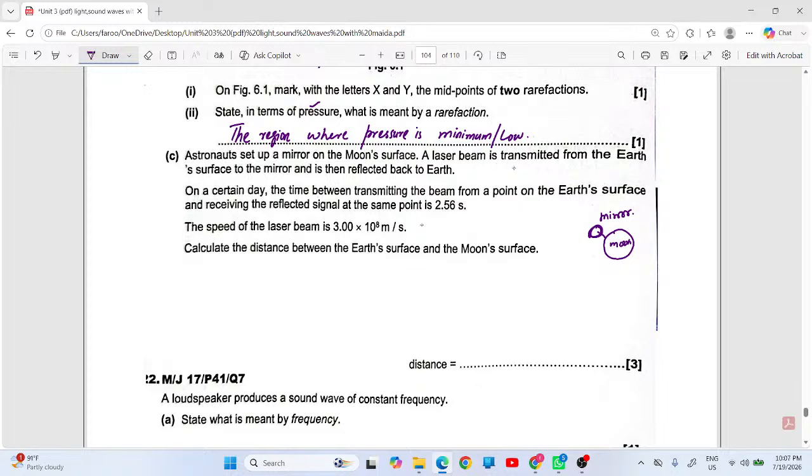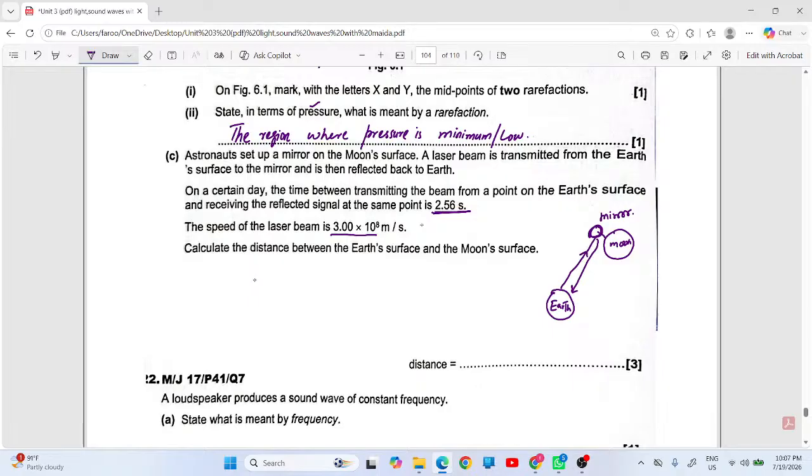A laser beam is transmitted from the Earth's surface to the mirror. अब यहाँ से एक लाइट जाएगी, मिरर पे हिट करेगी तो रिफ्लेक्ट होके वापस आ रही हो. On a certain day, the time between transmitting the beam from a point on the Earth's surface and receiving the reflected signal is given. Speed of the laser is given. Calculate the distance.